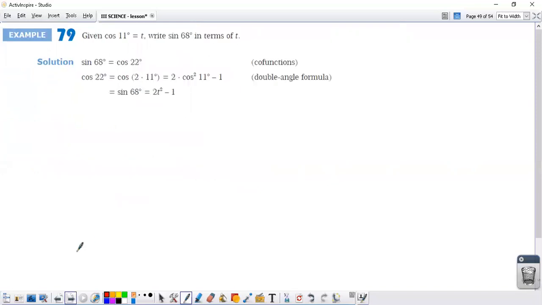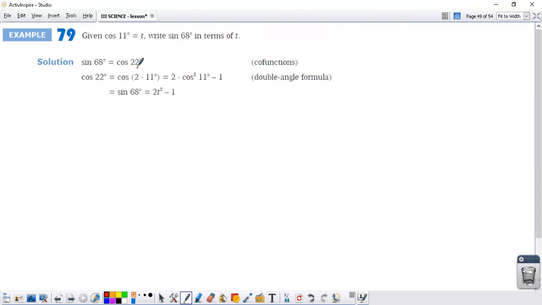For example 79, the cosine 11 degrees is given as t, and we will write sine 68 degrees in terms of t. We know that sine 68 and cosine 22 degrees are cofunctions, right? Why? Because the sum of their measures will be 90 degrees.